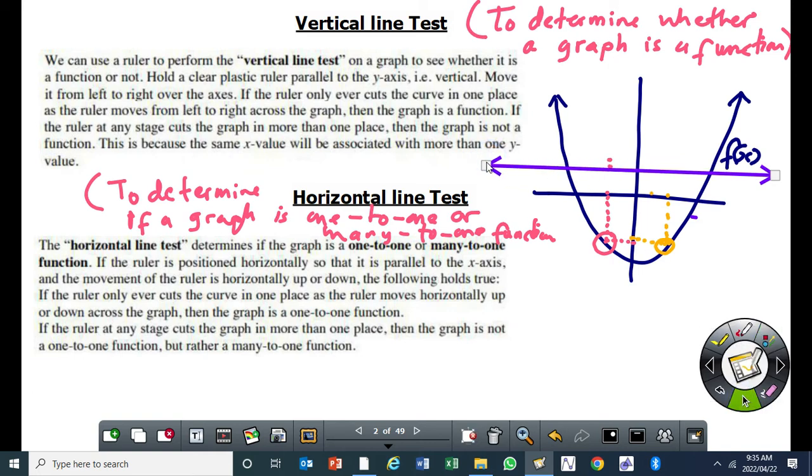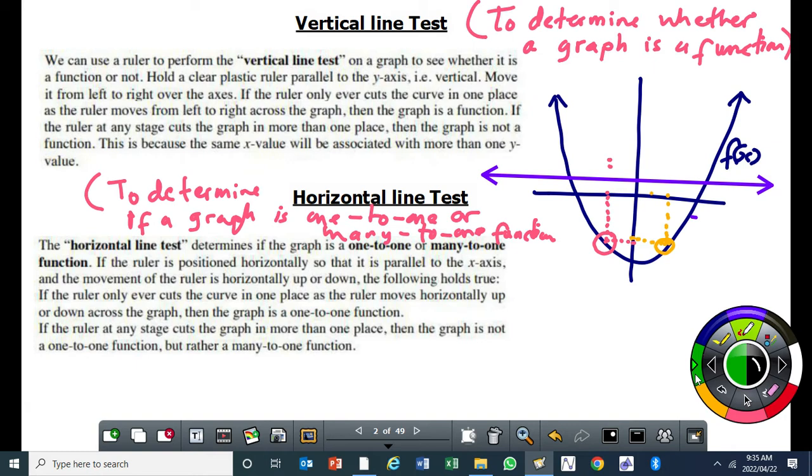Let me move it a little bit so that it is more horizontal. Better now, isn't it? So if I move this line down, let's say here, I'm sure you can agree with me that here we've got an x value corresponding to a y value there, and also here we've got another x value corresponding to the same y value there.